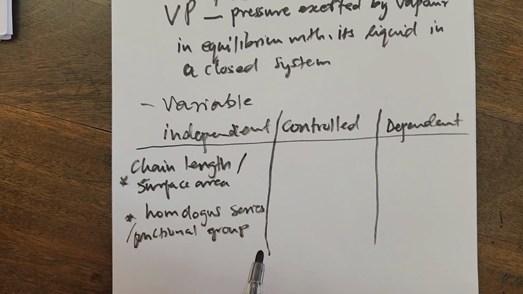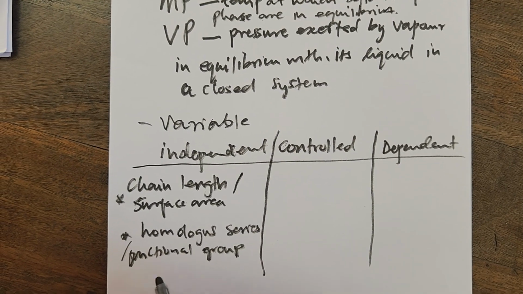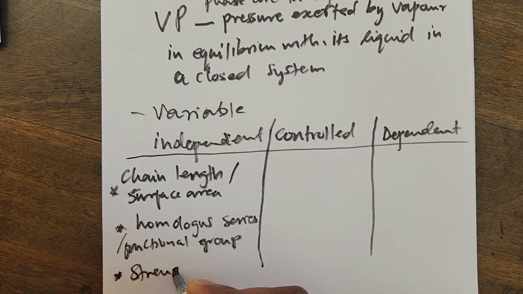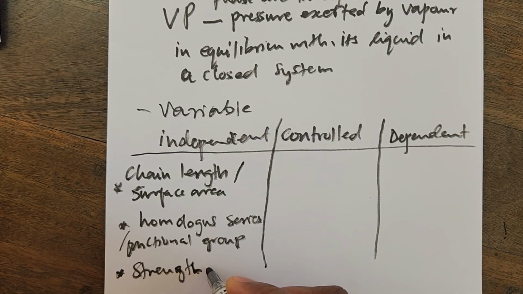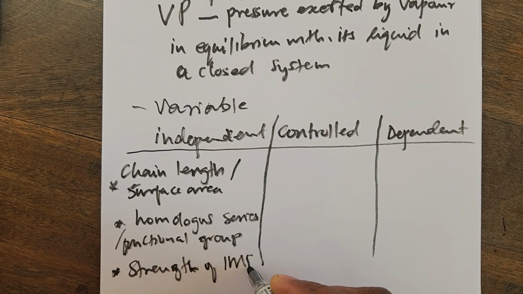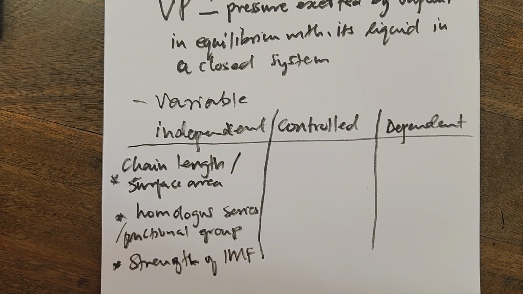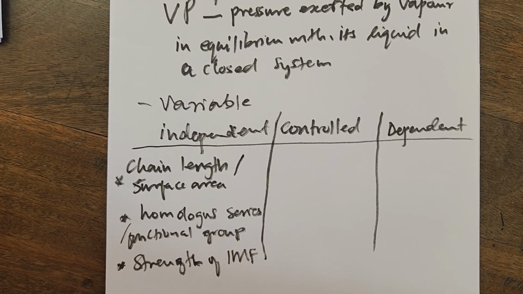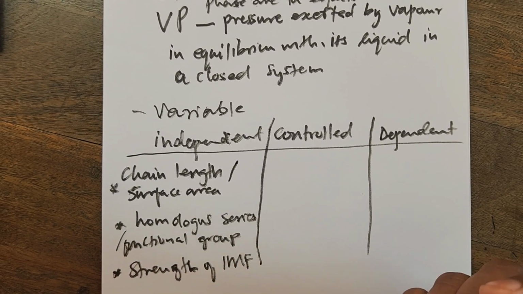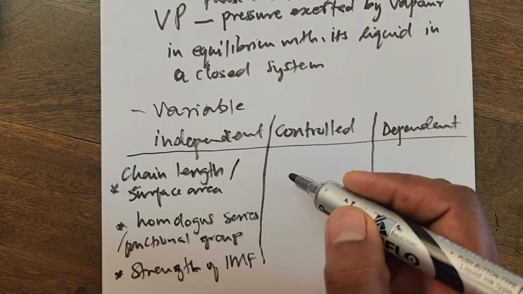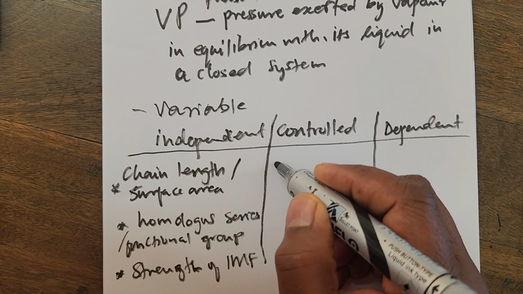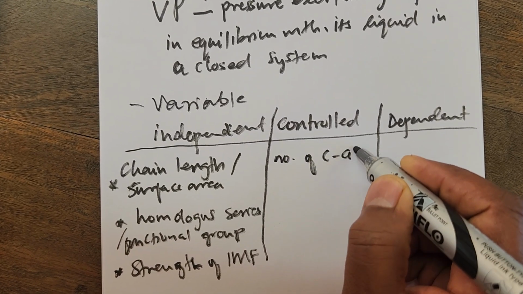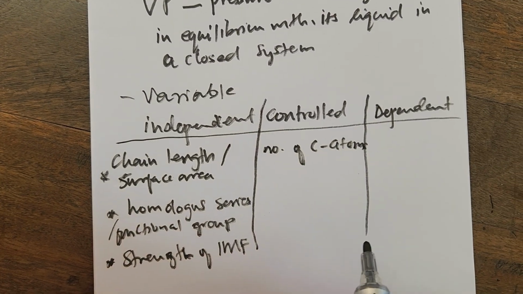Of late, some learners also entertain the strength of intermolecular forces as one of the independent variables. What can be controlled? What should remain the same? In this case, the number of carbon atoms can remain the same.